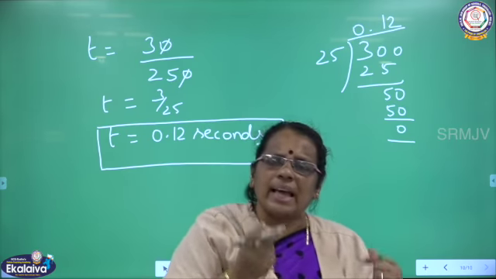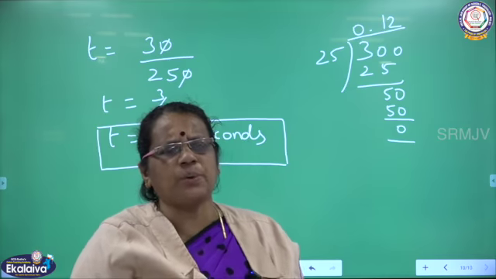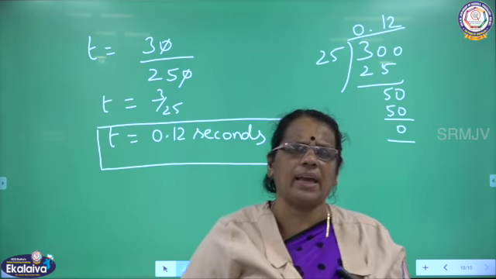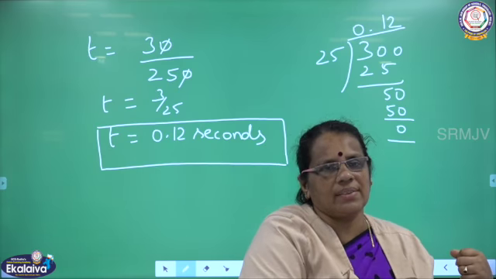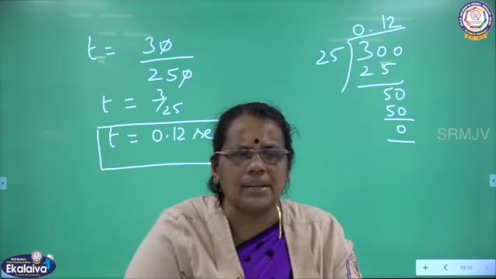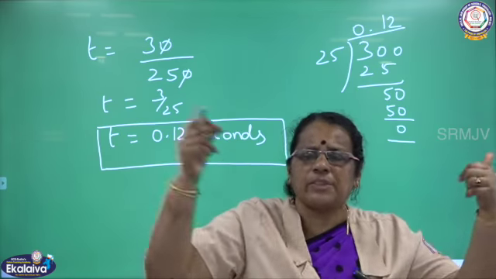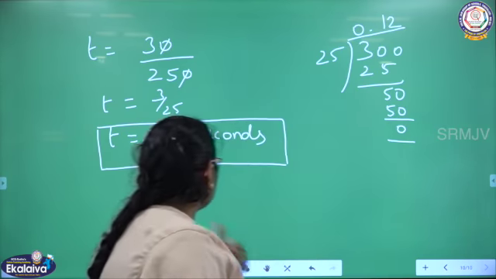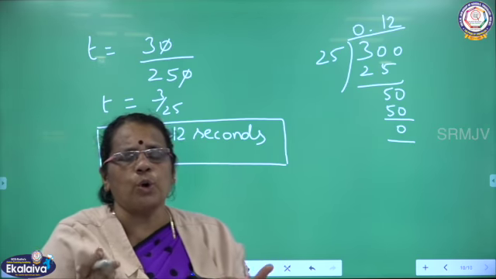So what is the formula we are using here? T is equal to R naught minus R divided by K. What is R naught? Initial concentration. What is R? Final concentration. What is K? Rate constant. What is T? Time. I have substituted everything in the formula, and finally I got the answer as T is equal to 0.12 seconds.